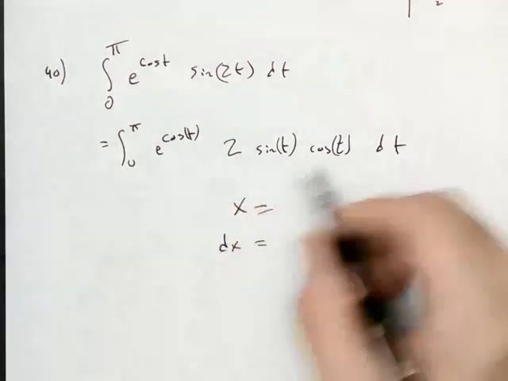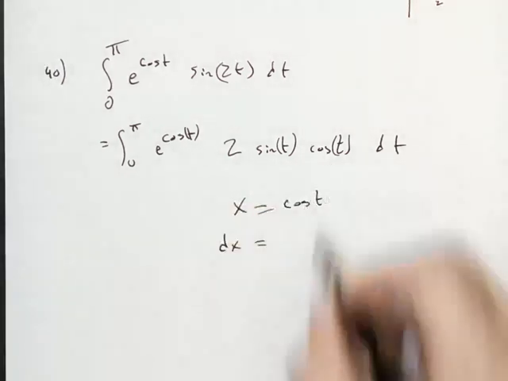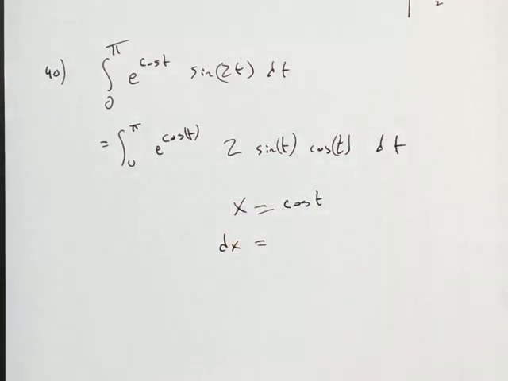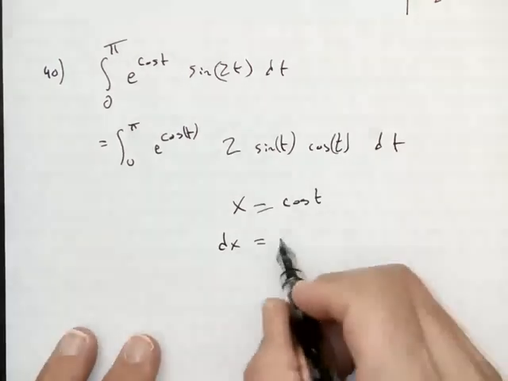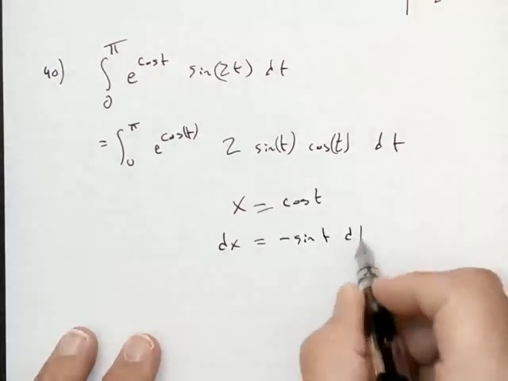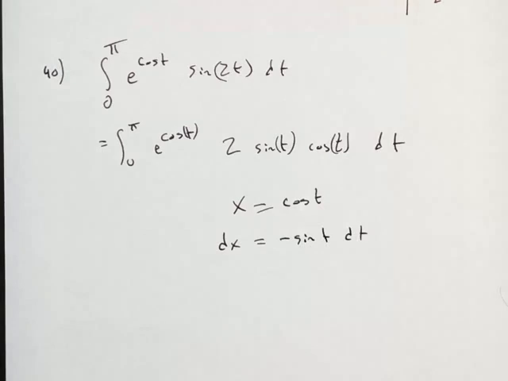So let's make X be cosine of t. What's dx? Minus sine t dt. The only thing that's not there that I need there is the minus sign. So I'll get an extra minus sign floating around.